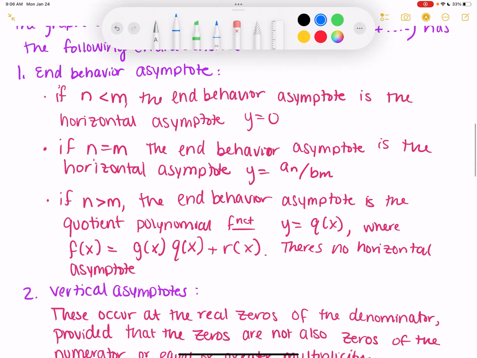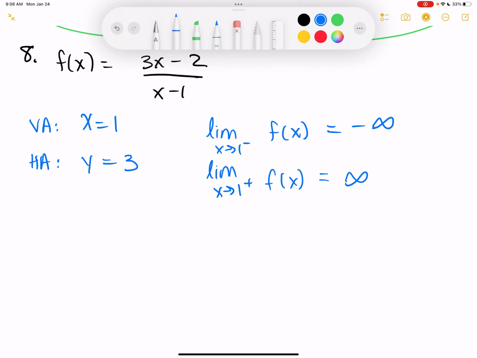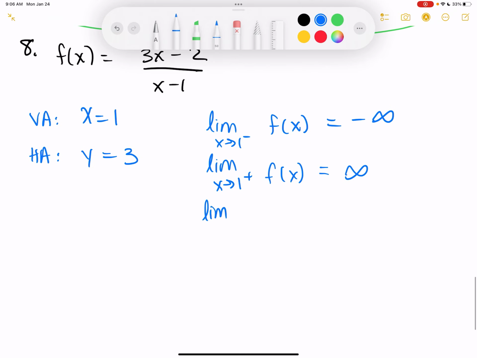So the way we write this is the limit as x approaches negative infinity of f of x is equal to the limit as x approaches infinity of f of x, is equal to whatever that value is. They have to be equal. The number is whatever your horizontal asymptote is, so this is just equal to 3.